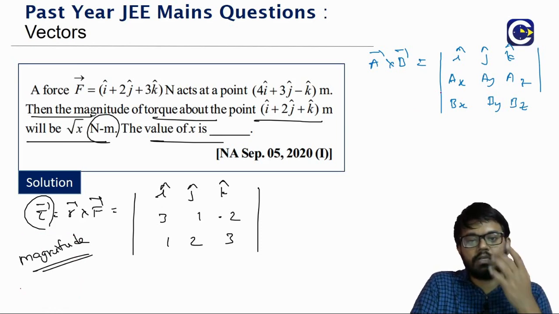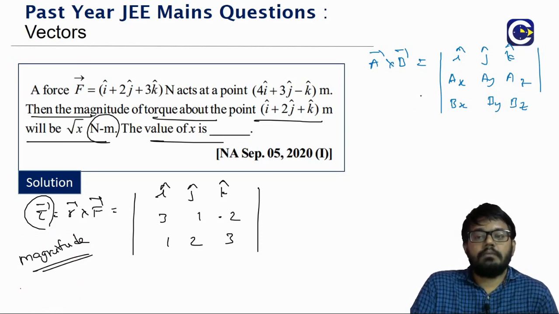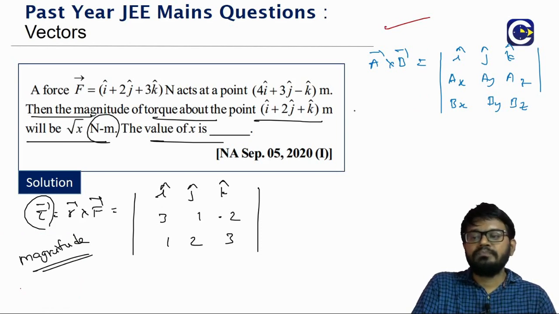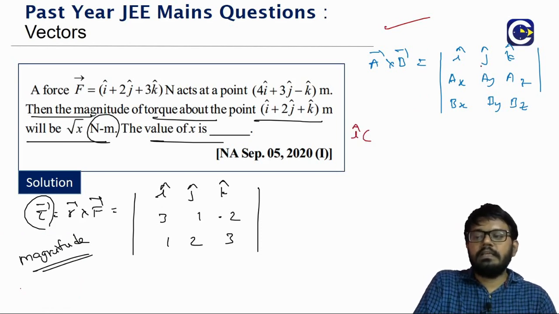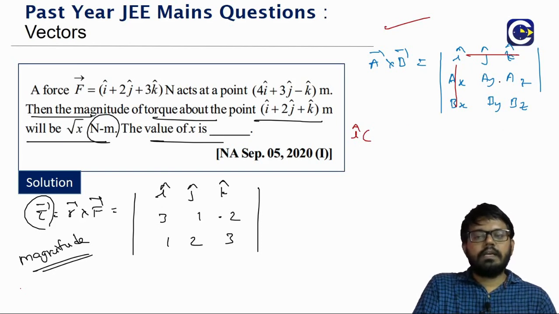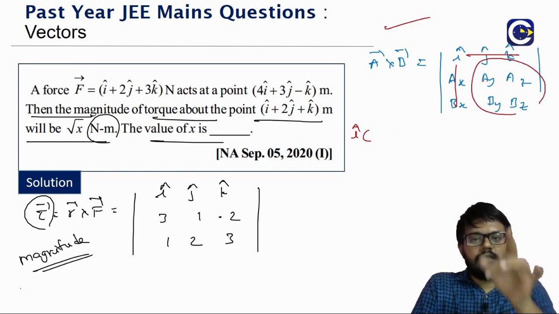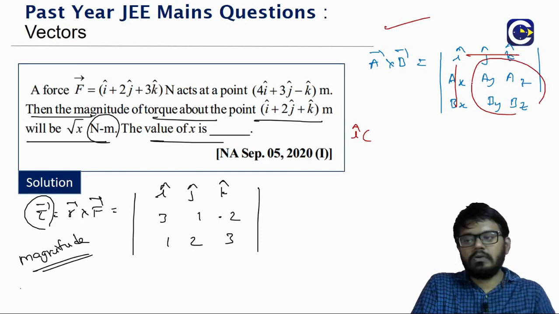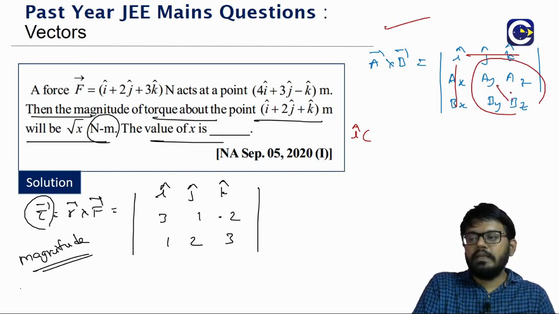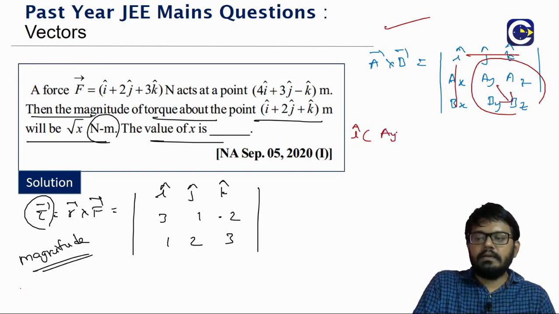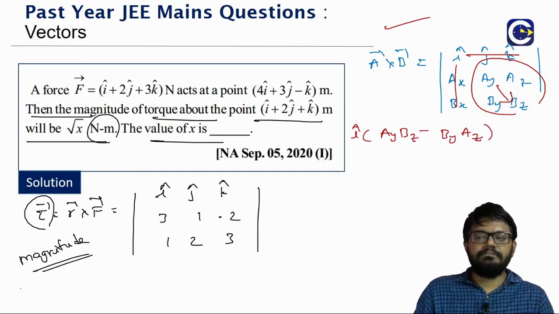Whichever problem involves the cross product, we must be comfortable with the determinant formula. So look at this. What is the first thing? i. We have to forget about the elements that are in the row and column where the i is. Then look at it: AY BZ minus BY AZ.